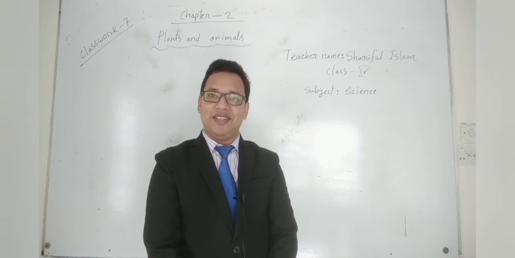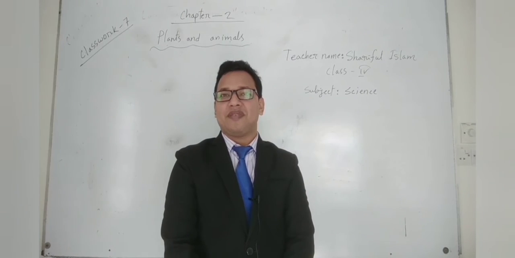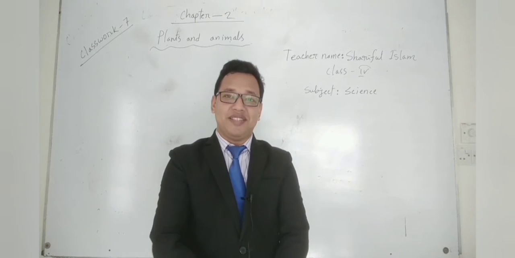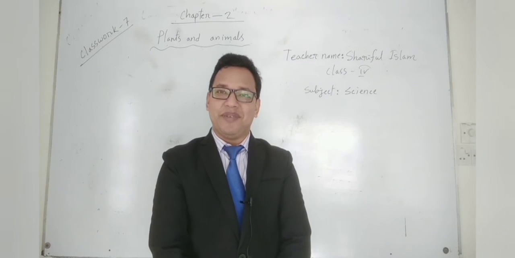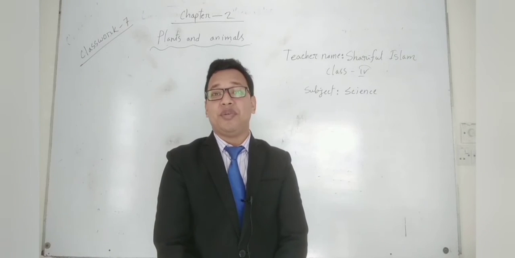Okay? So this plants and animals chapter, what is the difference between plants and animals? Can you tell? I think all of you know what is the difference between plants and animals. Yes. Plants, it is rooted in one place.